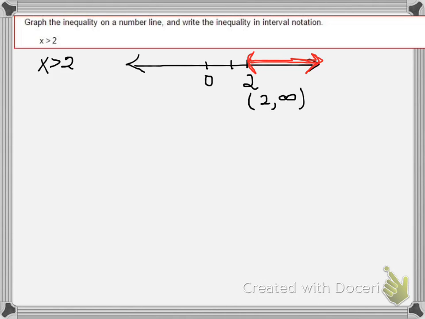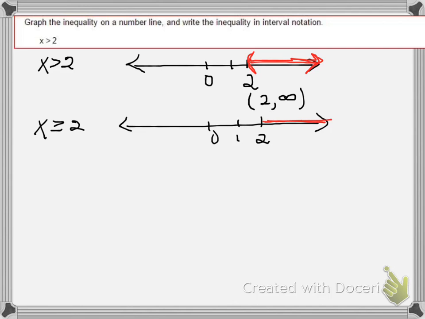All right, let's go ahead and try some others that are similar. Let's say this had been x is greater than or equal to 2. So how's my number line going to look different? Well, we draw the number line, we locate 2, and now greater than 2 is still to the right of 2.